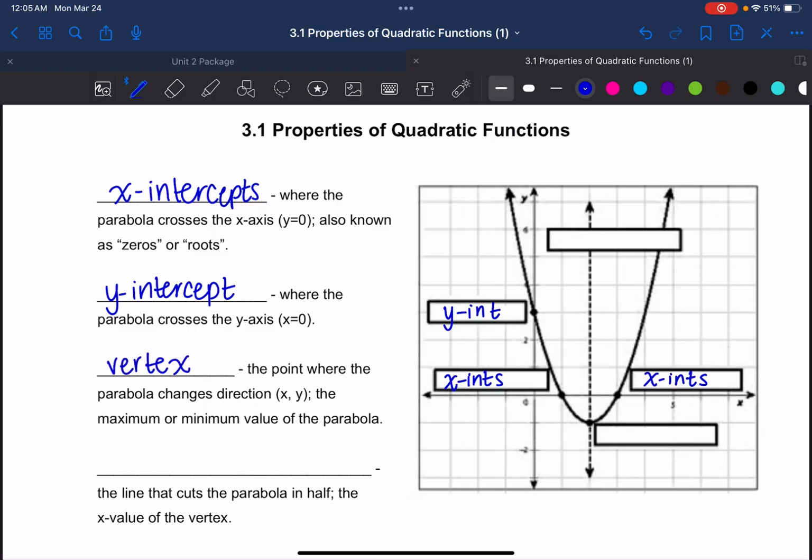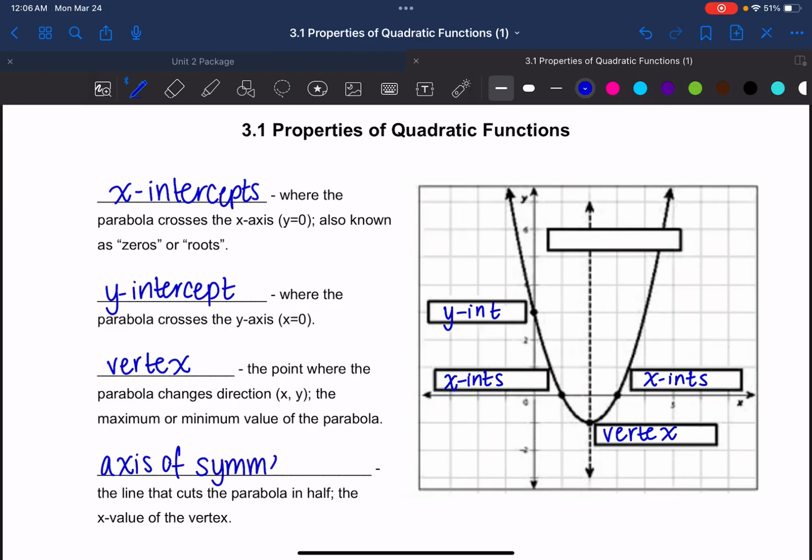The vertex is where our parabola is changing direction. So it is the maximum or minimum point of the parabola, depending on the direction of opening. It is that change of direction, or the U shape of the parabola, which is at the bottom here.